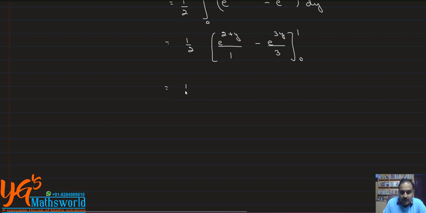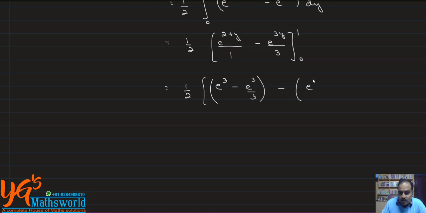Now using upper limit minus lower limit, the upper limit is 1, so it will be e raised to power 3 minus e raised to power 3 by 3, minus the lower limit 0, so e raised to 2 plus 0, that will be e raised to 2, minus e raised to power 0. So 1 by 2. Now 3 ones are 3, 3 minus 1 is 2, so it will be 2 by 3 e cube, and then we have minus e square plus 1.